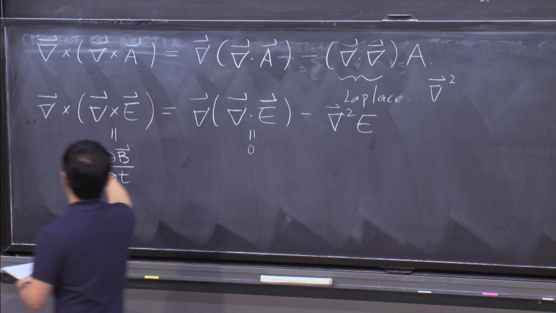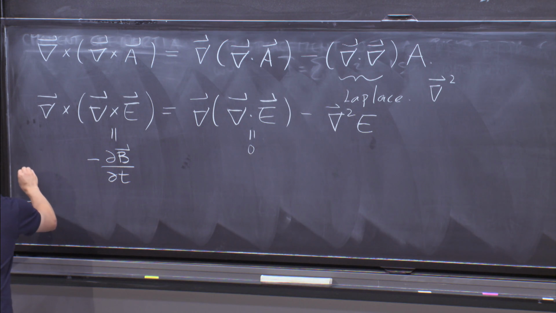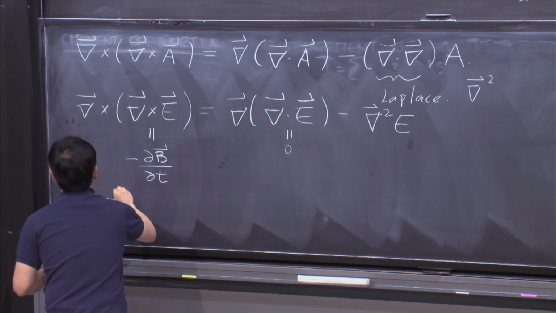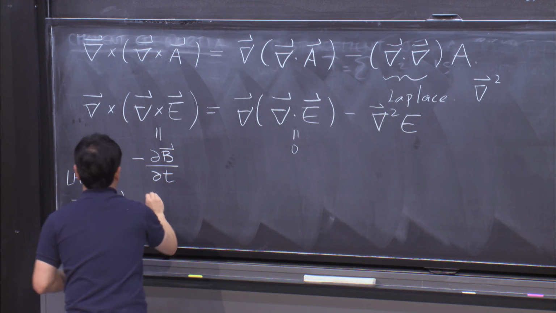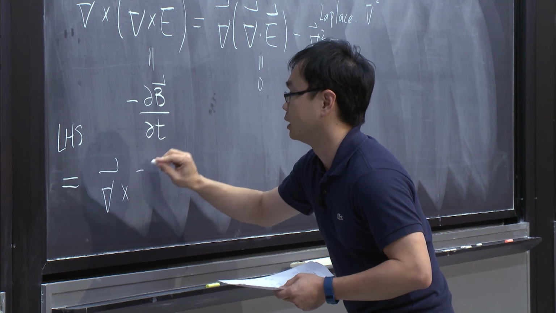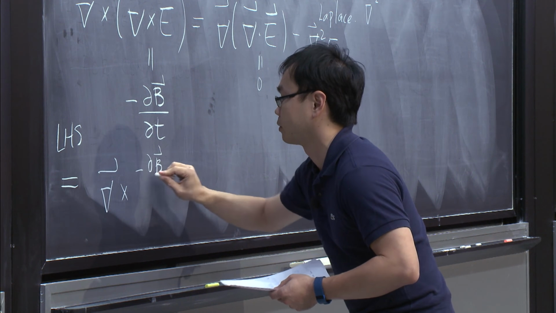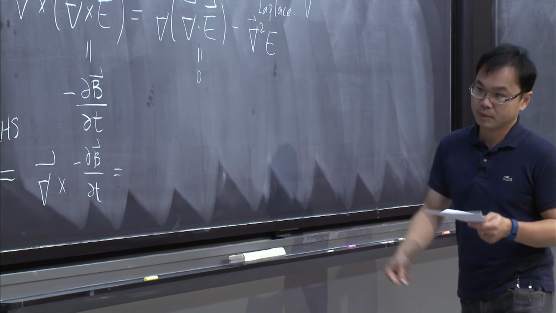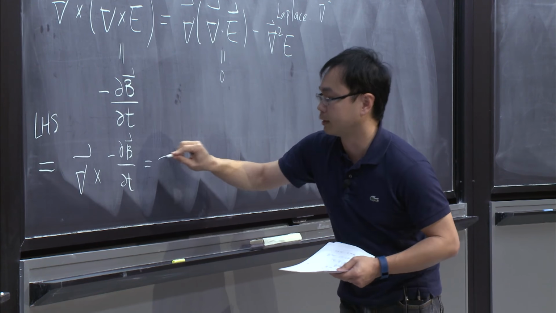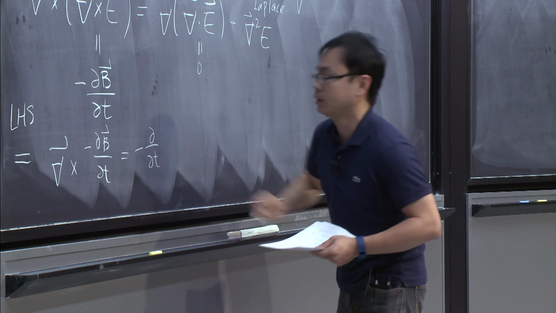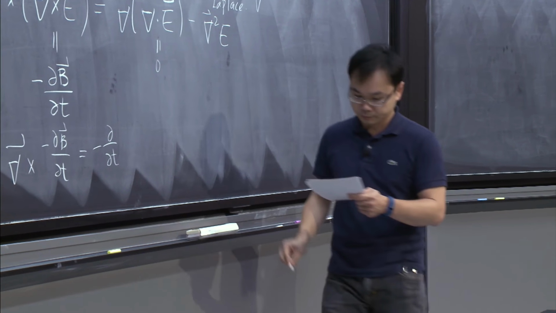So if I look at the left-hand side, that will be equal to a curl of minus partial B partial T. And I can take the minus sign out and take the partial T out.